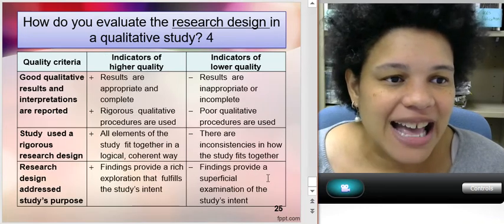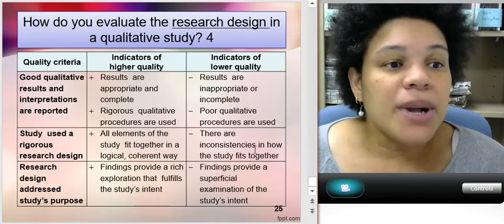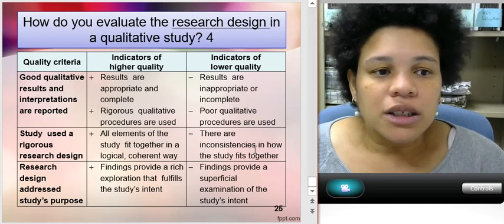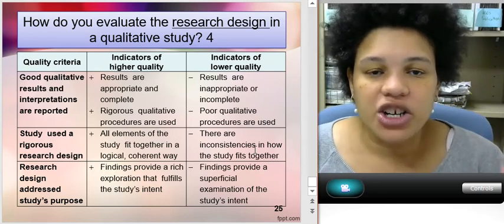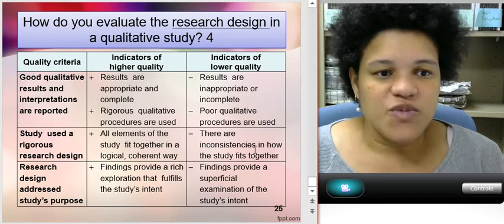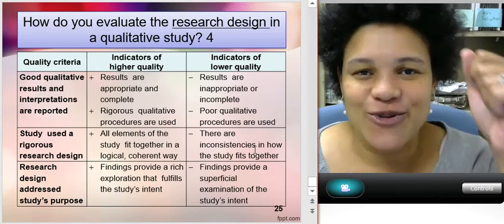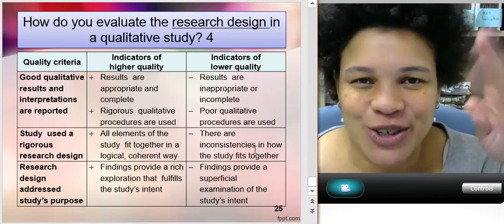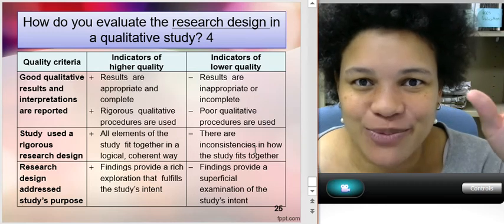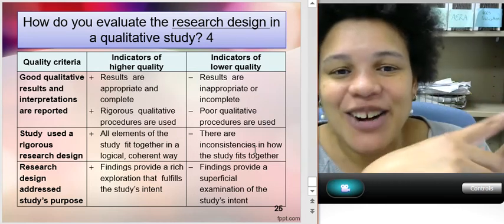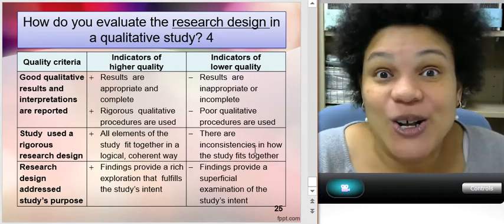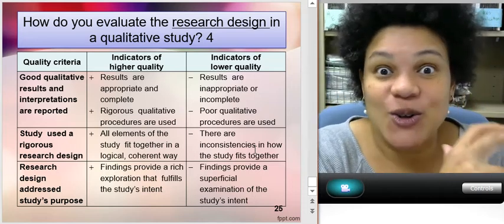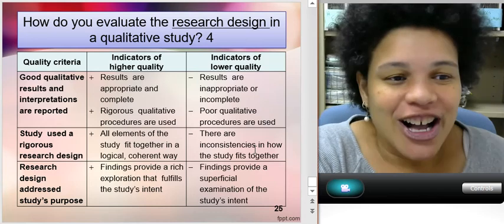Okay, slide 25. Now results. The reporting of results and interpretations. This is what I like. I have a manuscript or article that I've just printed out. I read the title, I read the abstract, and then I'm flipping to get to the results, because this is the big reveal.